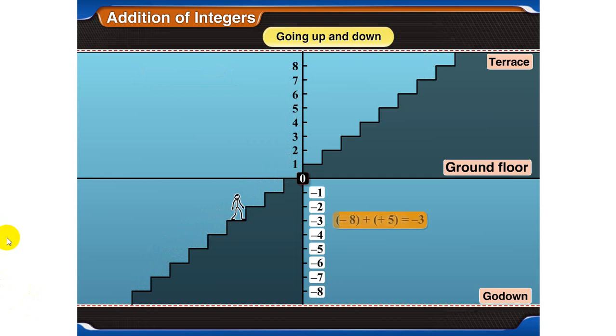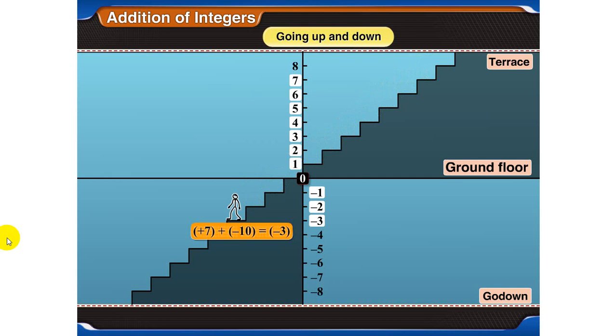It represents -8 plus +5, that is equal to -3. G. Go 7 steps up from the ground floor and then 10 steps down from there. It represents +7 plus -10, that is equal to -3.